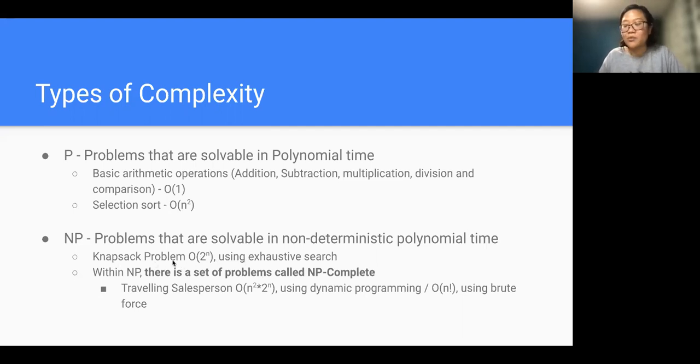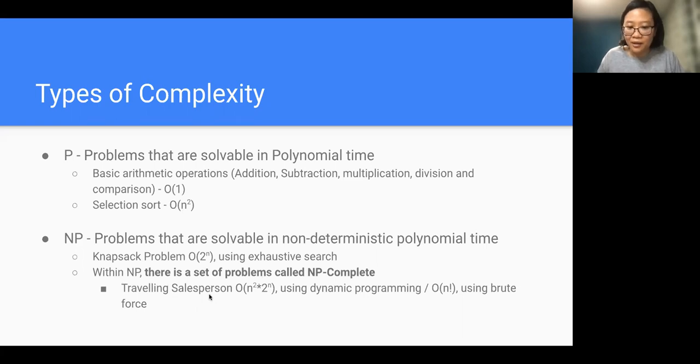So the knapsack problem, you have different subsets of flour, right? If you had two bags of flour, then you have a few possible subsets. Maybe you have one, maybe you have two, maybe you have one or the other, and it quickly grows the more bags of flour you have to evaluate.